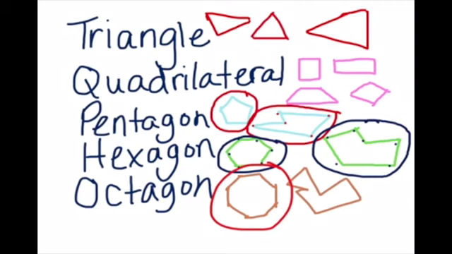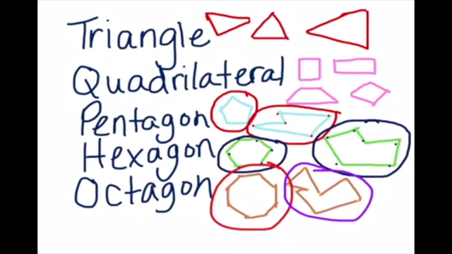Just like an octopus has 8 tentacles, right? So 8 sides for an octagon. Well, this octagon right here next to it that I'm circling in purple is also considered an octagon because it has 1, 2, 3, 4, 5, 6, 7, 8 sides.